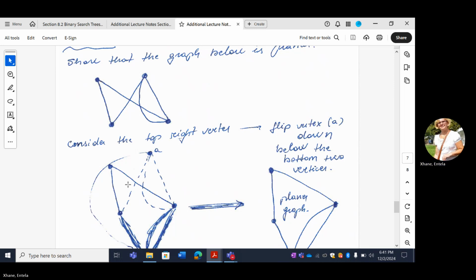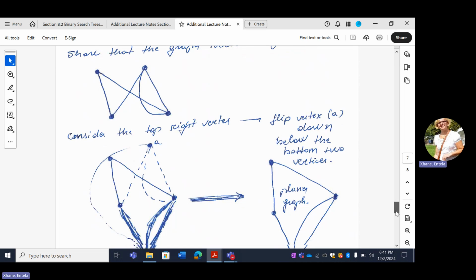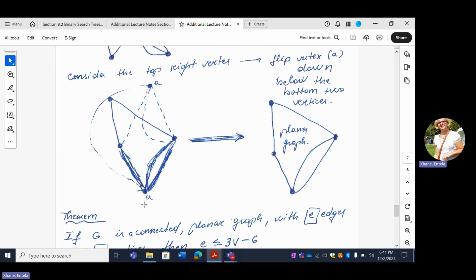So the way I do this, I'm going to take this top vertex A and flip it on the other side of this edge. I'm making them thicker so you can see what's going on. Once I move A to the other side, it is connected to this vertex, but not by this crossing edge, and connected to this vertex again.